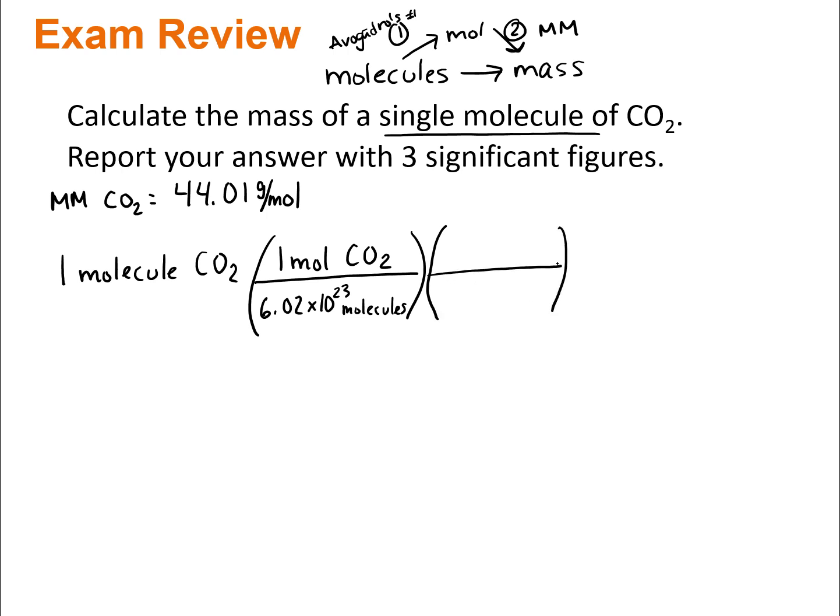The second part is taking those moles and using your molar mass to figure out how many grams. Since we're talking about a single molecule, it should be really, really small.